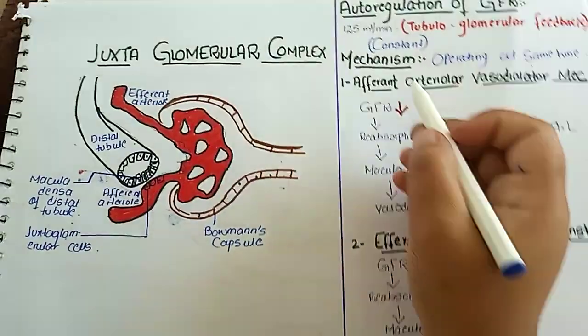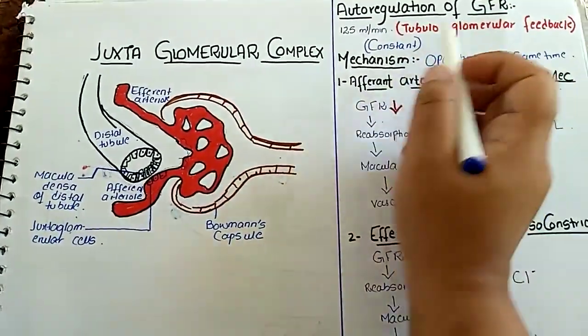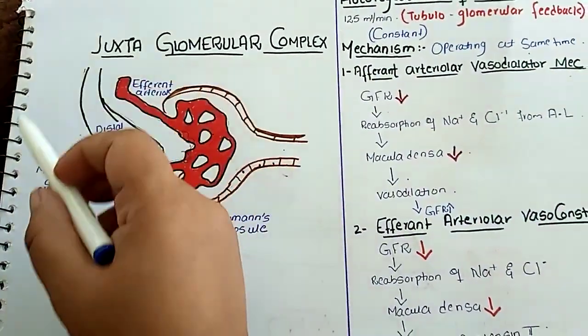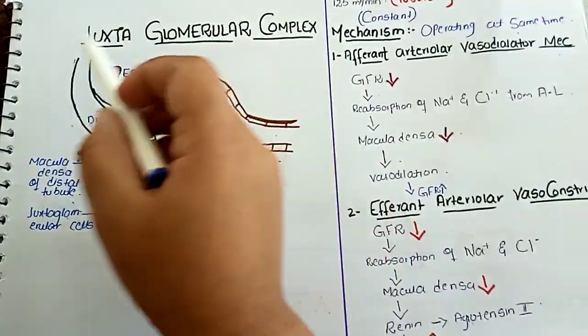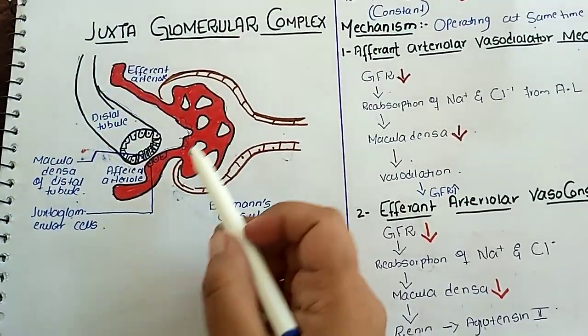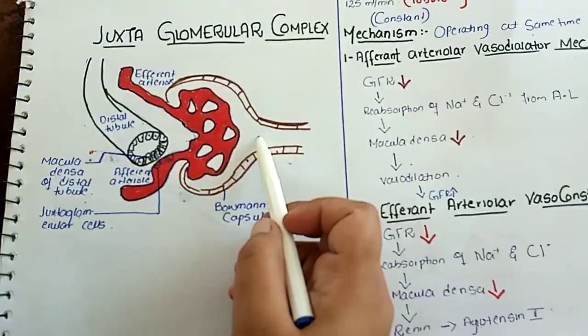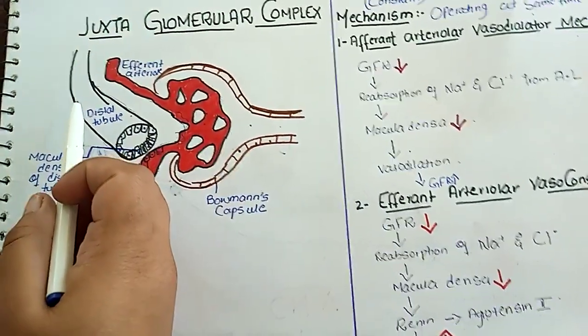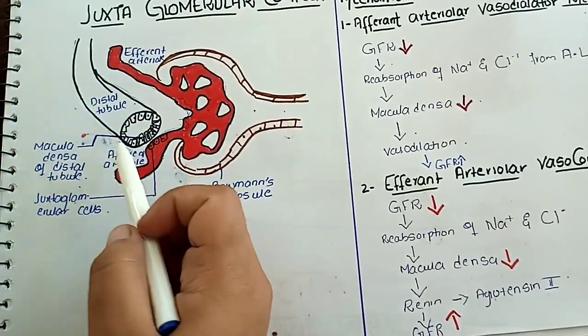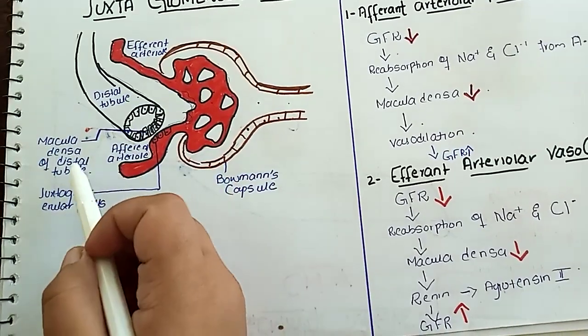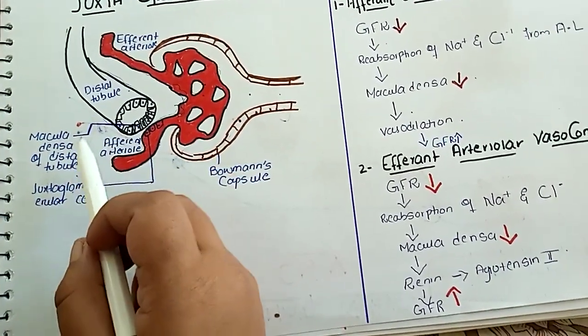Now I will explain the autoregulation of GFR by considering the juxtaglomerular complex. I will first explain this complex. This is the glomerulus. This is Bowman's capsule, and I have told you before that at the initial portion of the distal tubule is the macula densa. What is macula densa?